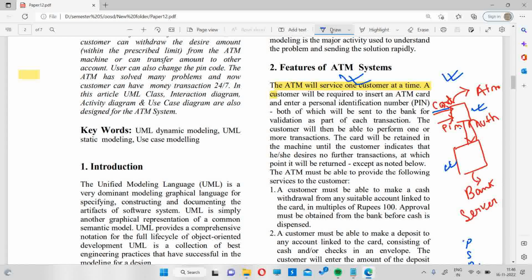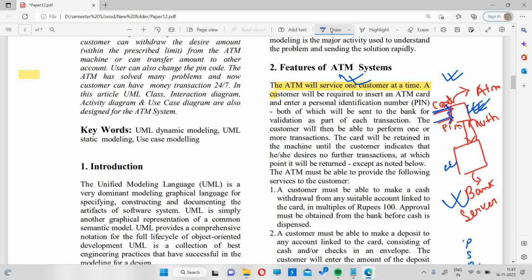Now, I have made a diagram here, and after seeing it, many things will be clear. There is an ATM machine. We as a user insert a card in this ATM machine, and the card is sensed by the machine. Then we enter the PIN, our authentication PIN. That PIN is cross-checked by the bank server.